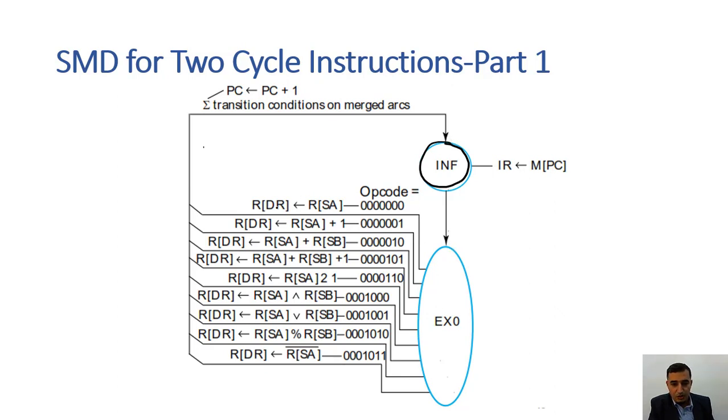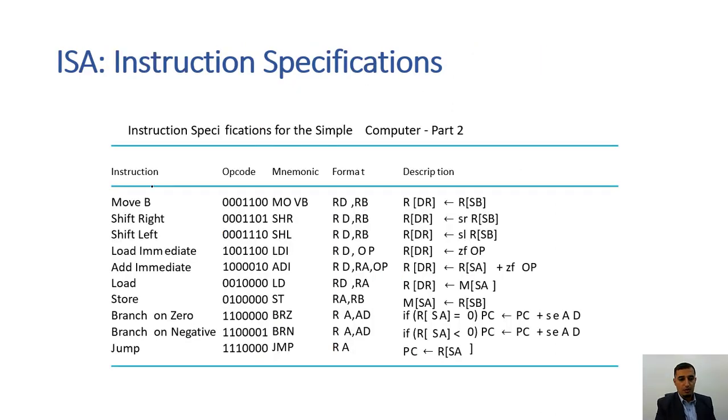The first one is move, this one is increment, addition, this one is subtraction, and so on. We do all the instructions as you can see over here. Then once we finish, we increment the program counter, and then we go back to the instruction fetch.